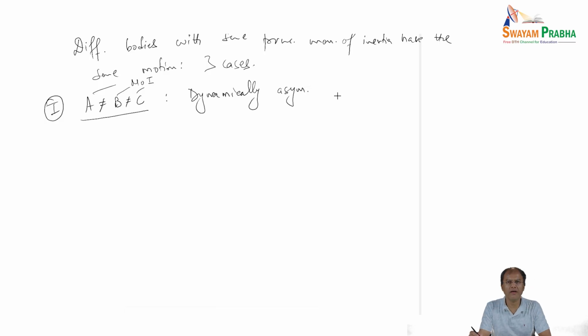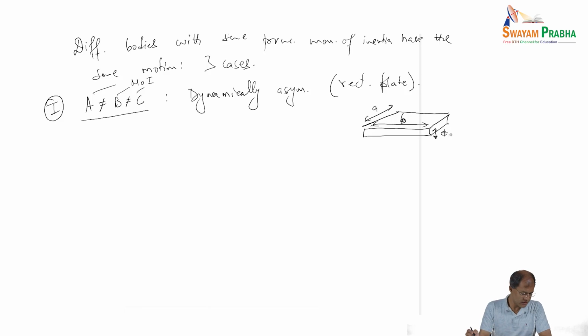For example, we have the case of a rectangular plate with different dimensions along each of the axes, and in this case we expect the moment of inertia I11, which is A, to be 1/3 m a squared, and similarly we can find I22, and using the perpendicular axis theorem we can find the third moment.